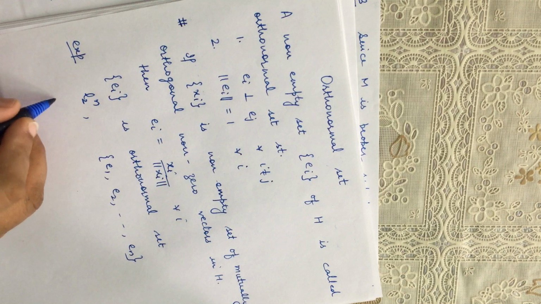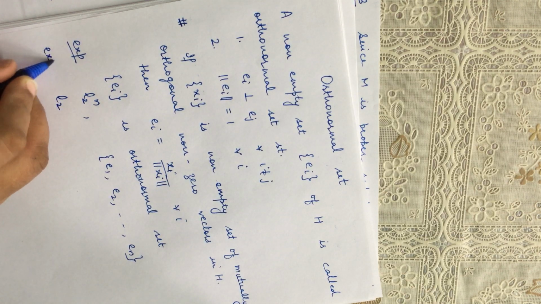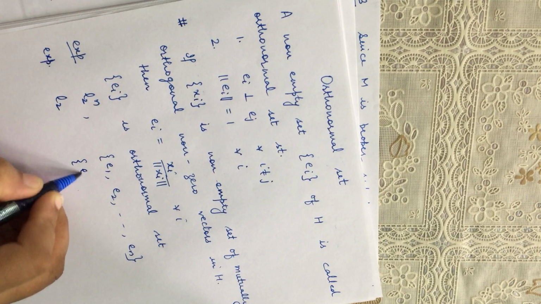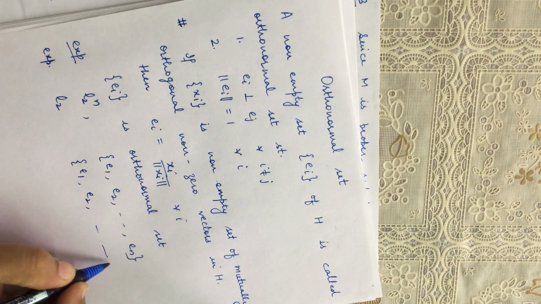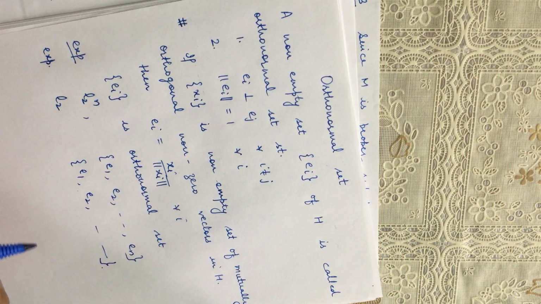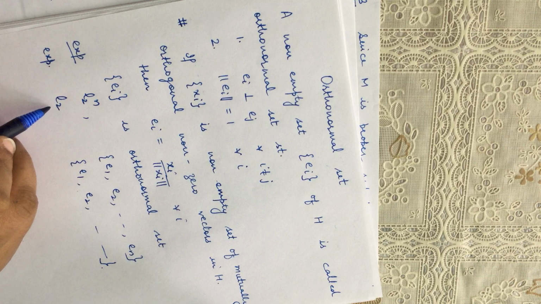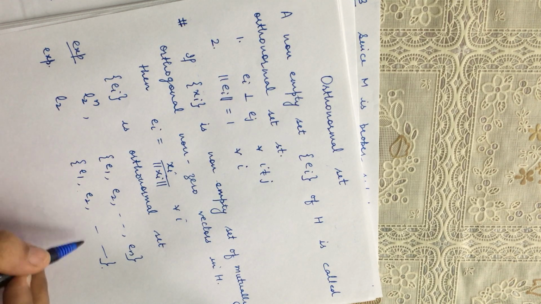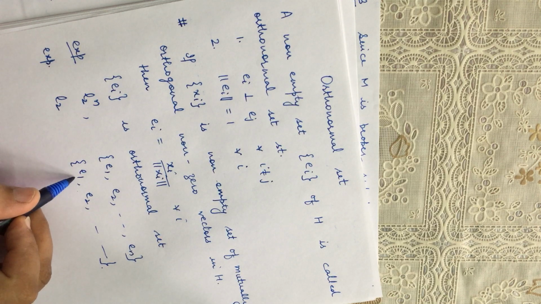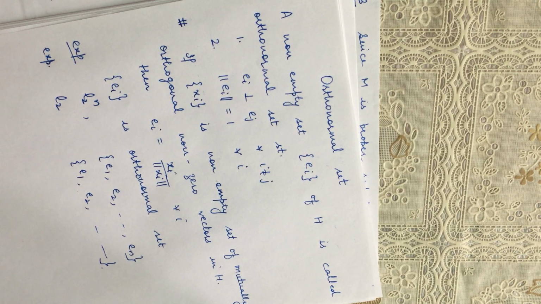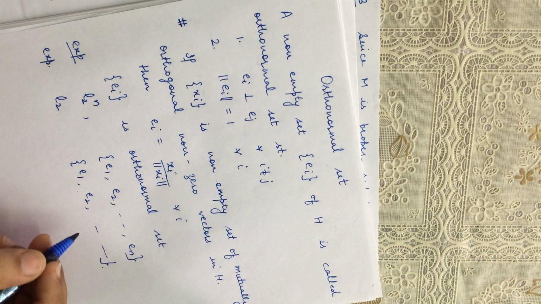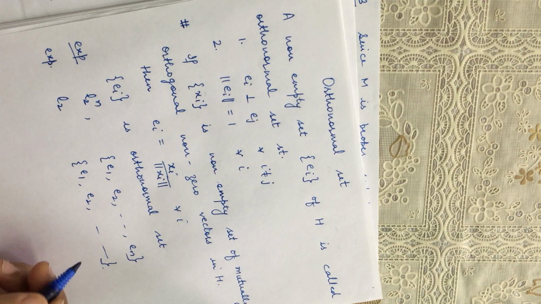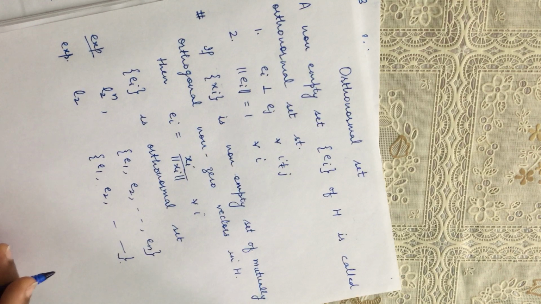Similarly, in l2, the standard basis e_1, e_2, and so on, is an orthonormal set, because l2 is the collection of all infinite sequences over reals or complex numbers. These vectors, where e_1 is 1, 0, 0, 0, and so on, e_2 is 0, 1, 0, 0, and so on, form an orthonormal set.